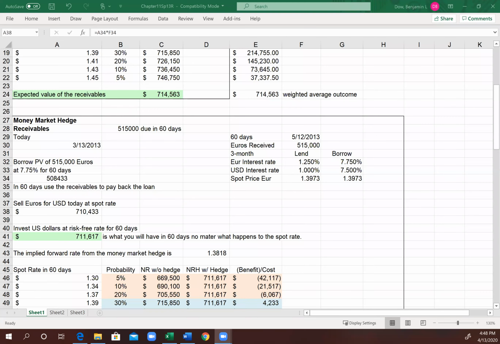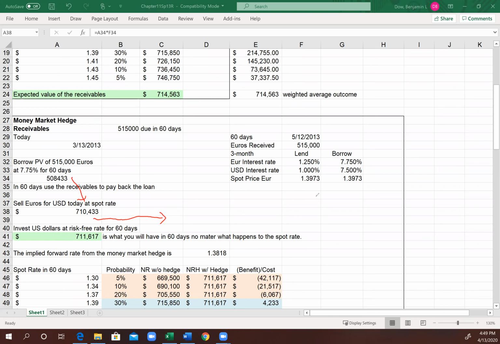we can see that in the money market hedge, we would get 508,433 euros today, which we convert into dollars. And then we need to move the dollars forward at some interest rate.